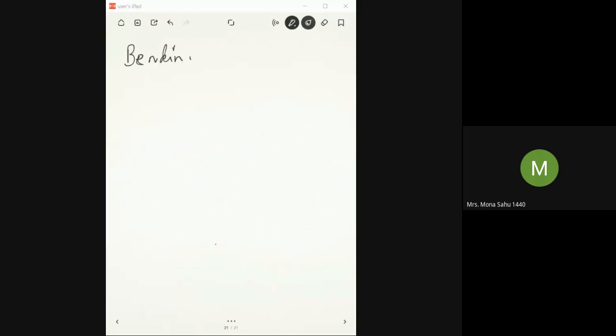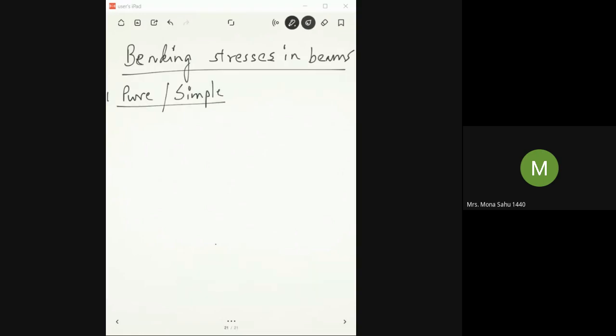So bending stresses in beams. Okay. So the first concept is about what is pure bending or simple bending. So I'll be drawing a diagram. So can you please draw that with me?